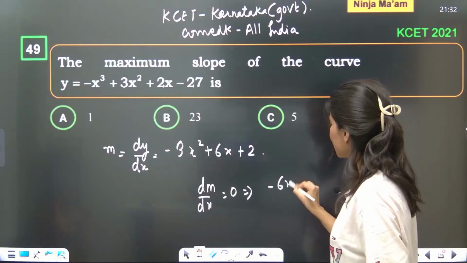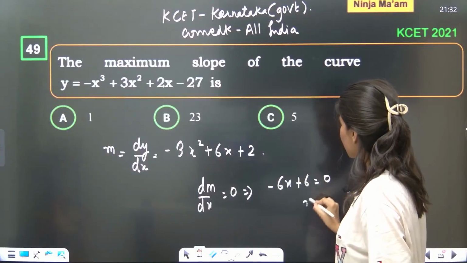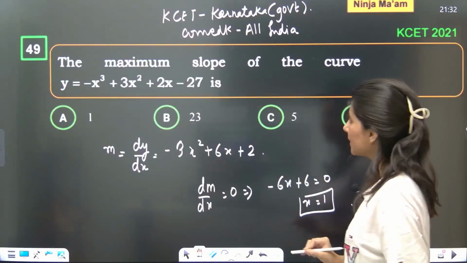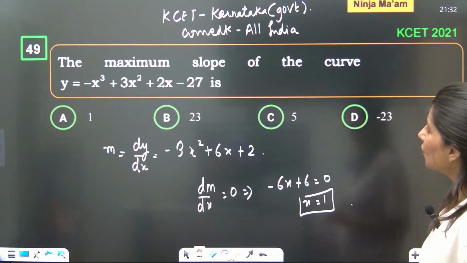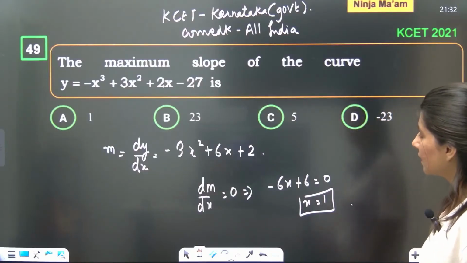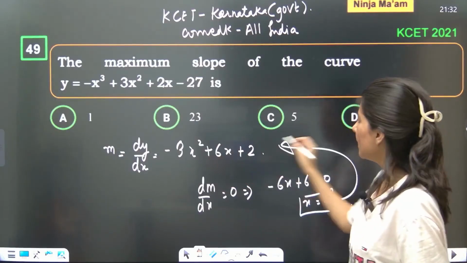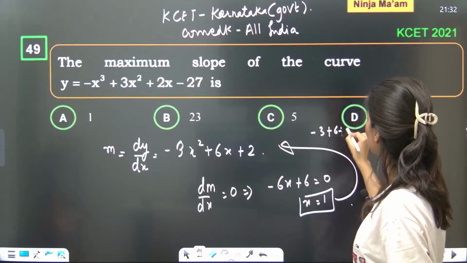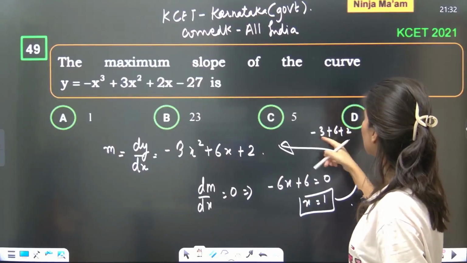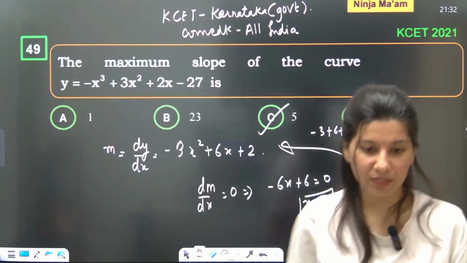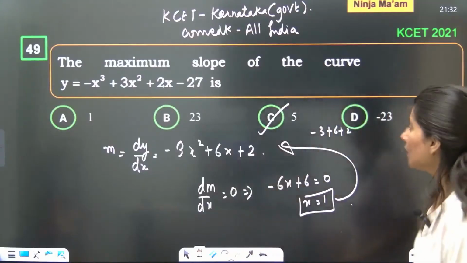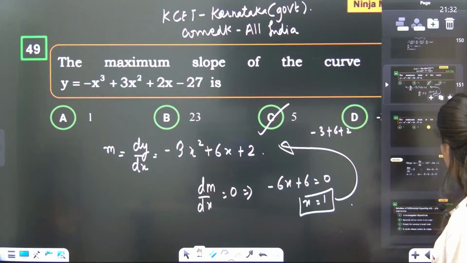So minus 6x plus 6 is equal to 0, so x is 1. So x here is 1. If you put 1 in the slope, minus 3 plus 6 plus 2: 6 plus 2 is 8, 8 minus 3 is 5. Option C is absolutely right.